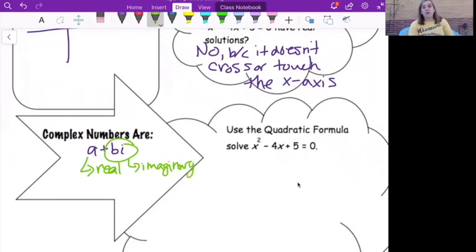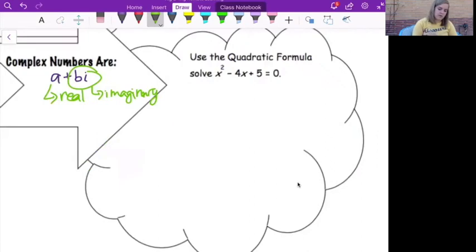So when we do not have real solutions, we have complex solutions. The way that we can find those is by using the quadratic formula or completing the square. We're going to show how we can use either one of those with this. And we're going to solve this one by using the quadratic formula.